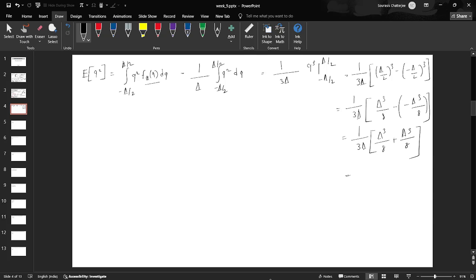So 3 times 4 is 12 and in the numerator you have a delta cube and you have delta, so one delta cancels out, it's delta square over 12. So we have obtained that quantization noise power is given as delta square over 12.